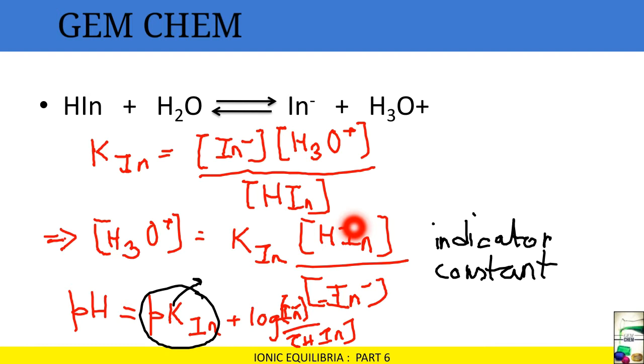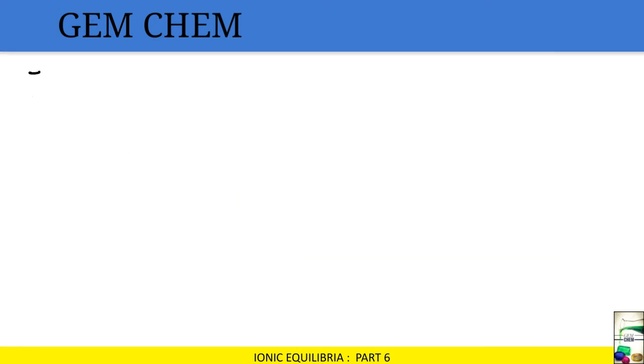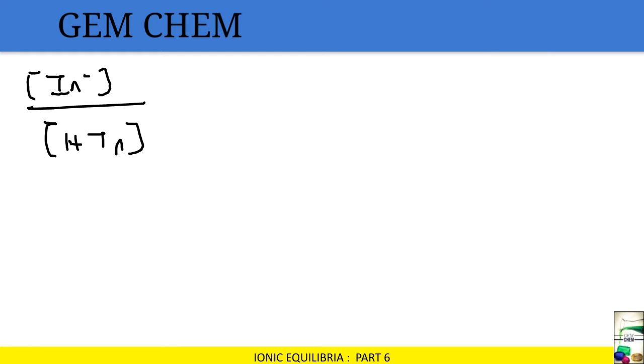Thus, it can be assumed that when this ratio is approximately 10 or more, the solution will be characterized by the color of IN minus, that is the base part, that is IN minus by HIN is greater than or equal to 10.